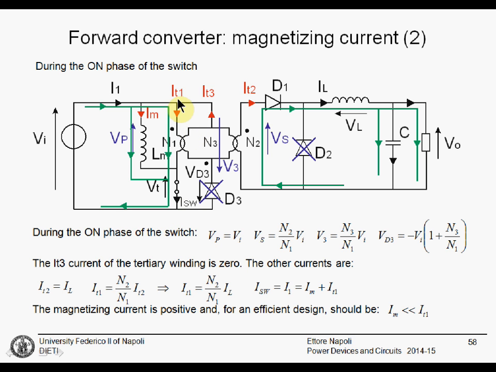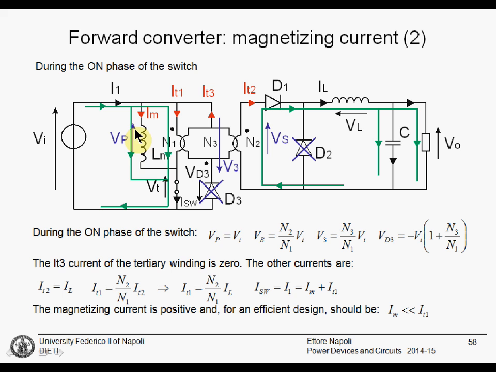We are indicating the IT1, IT3, IT2 currents on the transformer, the magnetizing inductance, I1, that is the current from the power supply, and the switch current, ISW. Then we also have the inductor current, IL, and various voltages.